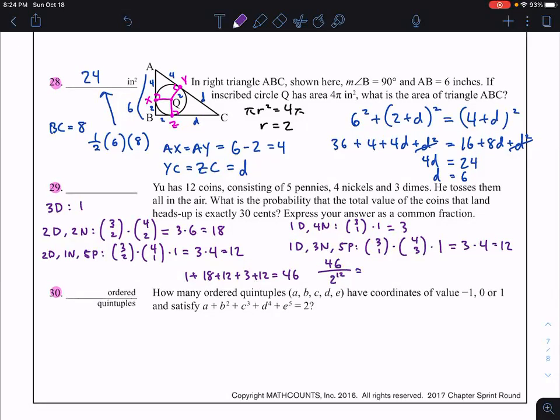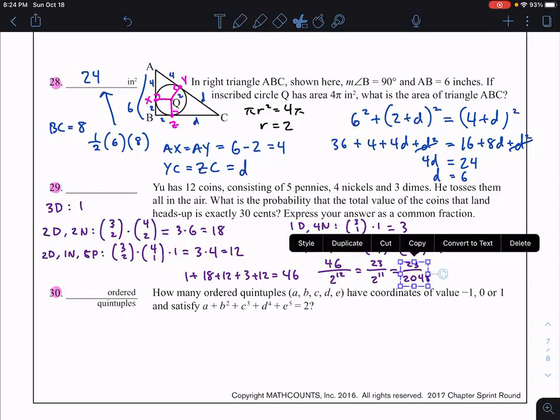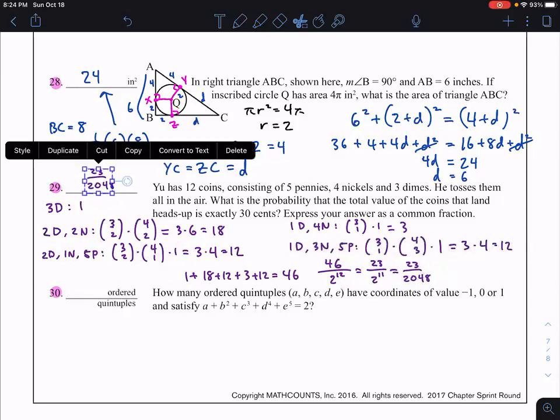Now you just have to simplify this. 46 divided by 2 is 23, which is an odd number, so you can't simplify this anymore. So now you just have 23 over 2048, and that's your answer.